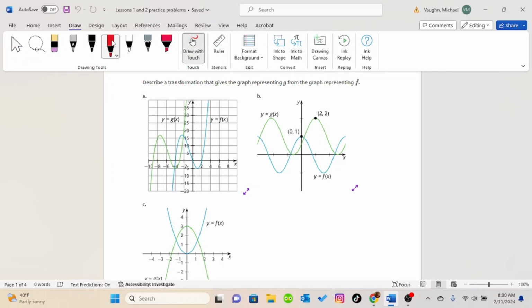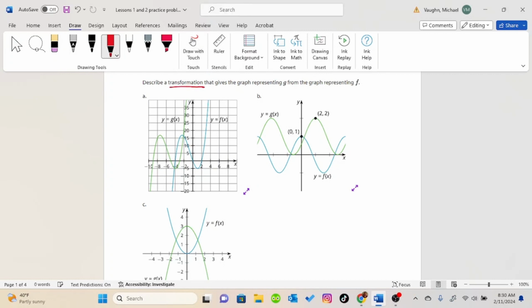Describe a transformation that gives the graph representing G from the graph representing F. So when we talk about a transformation, we're simply saying, how did we have to manipulate one graph to get the other graph?